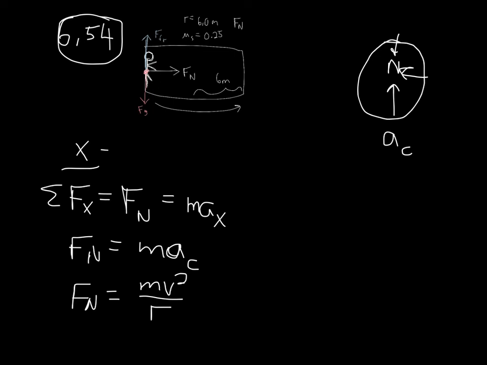Okay. What's going on in the y direction? What forces, sum of forces in the y direction, are acting? What's acting up? Force of friction. What's acting down? Gravity. What's the acceleration in the y direction?